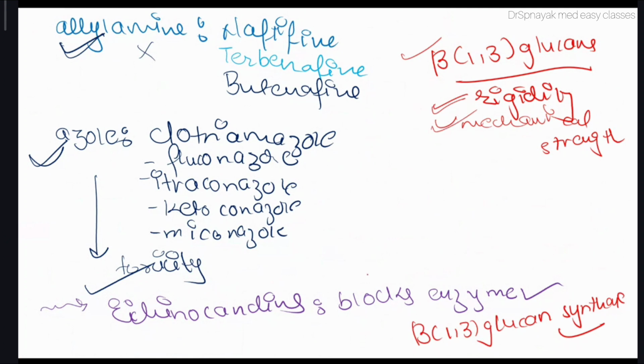Now, echinocandins block this enzyme, beta 1 3 glucan synthase, which ultimately blocks the production of beta 1 3 glucans.